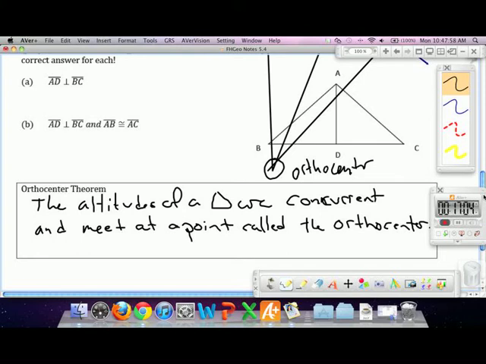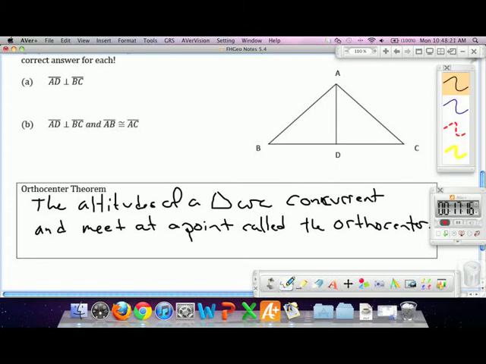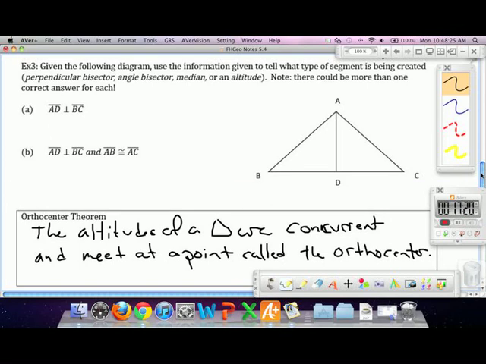Okay. In order to do my nice example 3, I have to erase my orthocenter drawing. Last but not least, we have this example. I'm going to give you a generic looking triangle, ABC, with point D, and I'm going to draw a segment in.